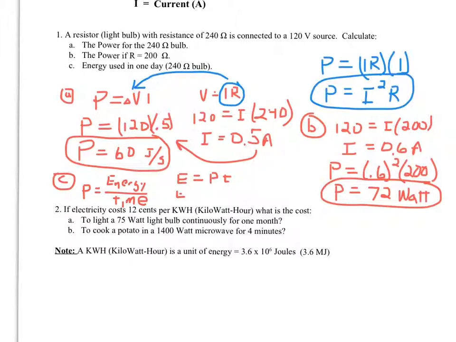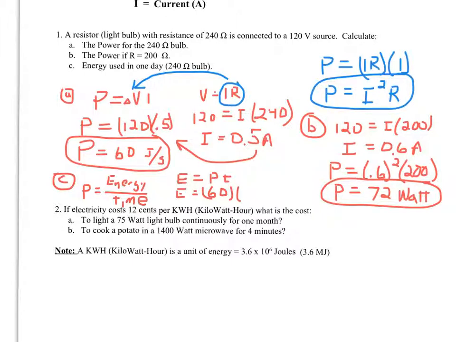So the energy used for this bulb, the 60-watt bulb, 60 joules per second, is 60, the power, times the time, which is 1 day. Well, 1 day, you have to do the conversion there. How many seconds in a day? You can't put in just 1 day. So I'm going to go do that off to the side. Well, 24 hours.